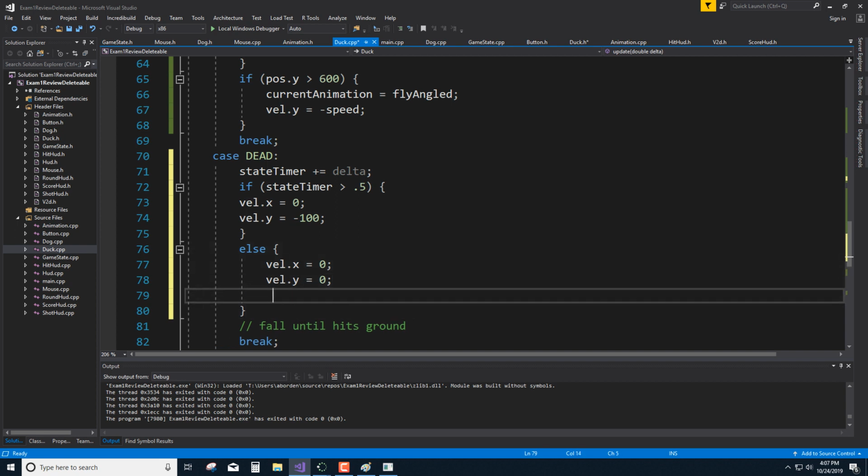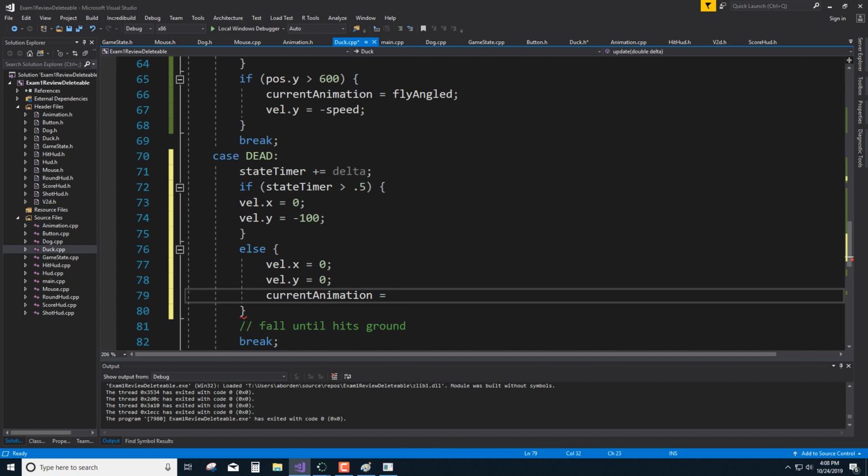And then in this case, the duck's current animation is going to be what? Fly away. Wait, no, dead. Well, do we have an animation? Do we set an animation for dead?